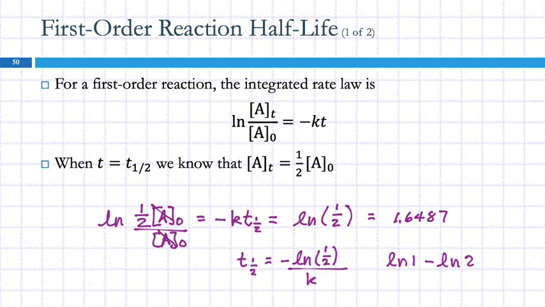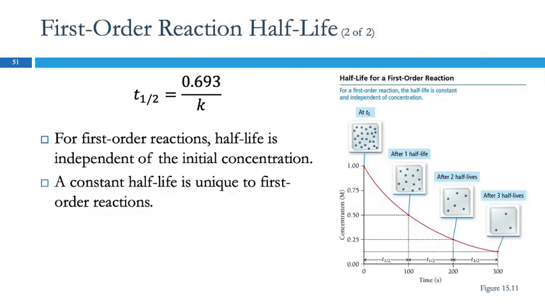Nope. Not right. This is what happens when you don't teach the class for a year and a half. So we've got this. It doesn't match up with what's shown on our sheet, because here we have t 1/2 is 0.693 over k.